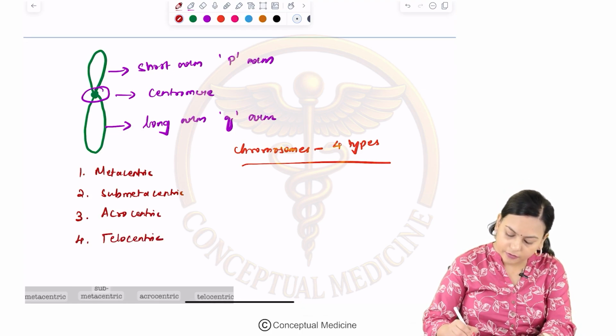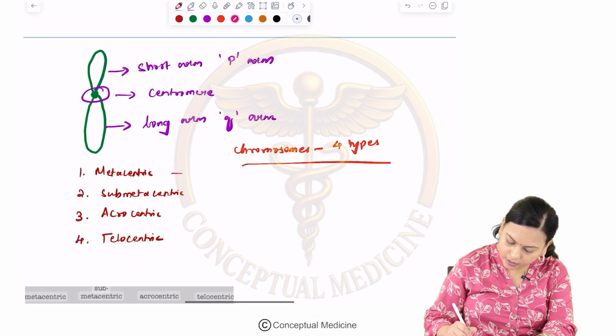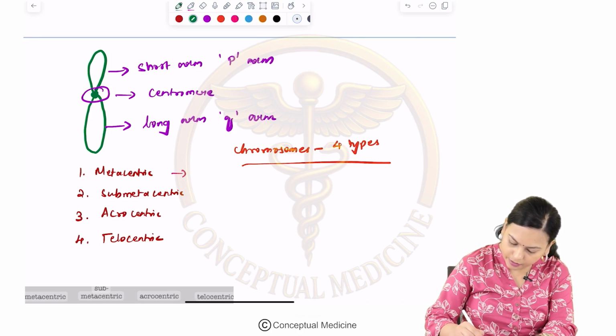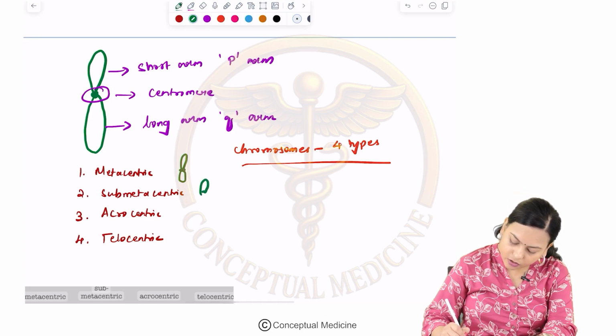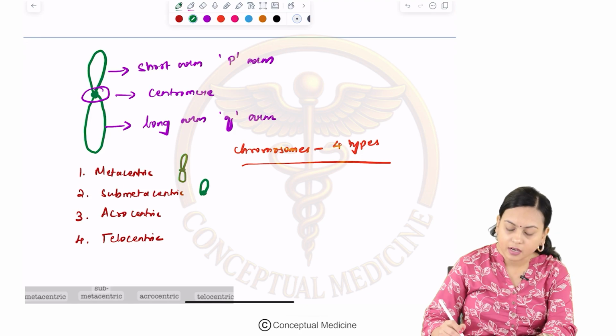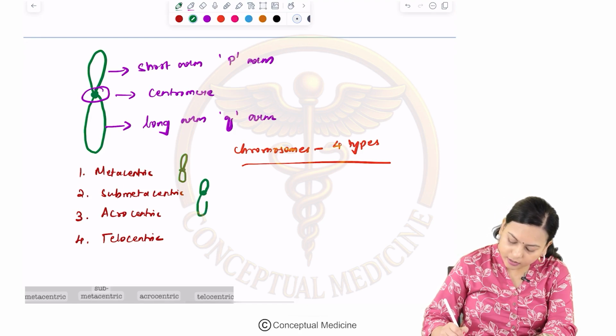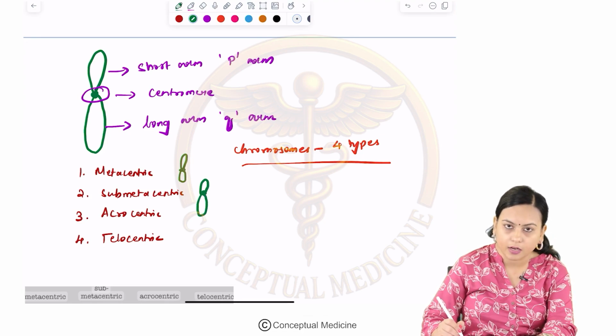Okay. In the metacentric type of chromosomes, we get equal arms and the centromere is at the middle. In the submetacentric, the centromere is not exactly at the middle, but it is more towards one arm, so that it is dividing the chromosome into 2 unequal arms.